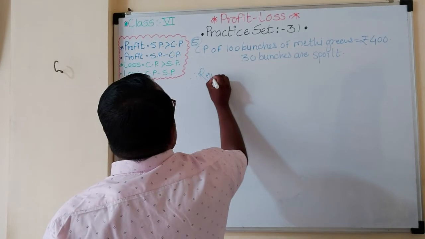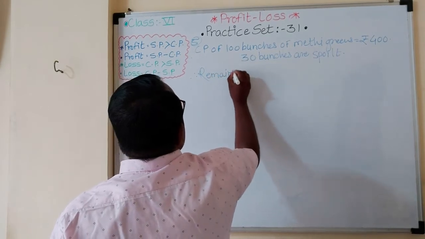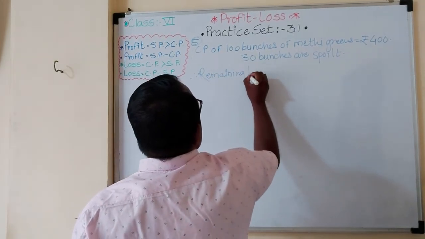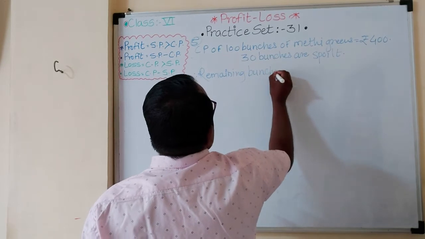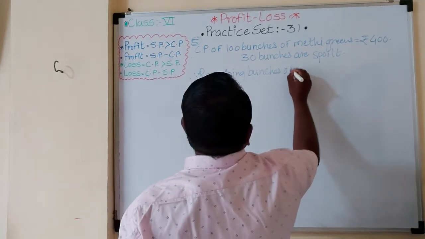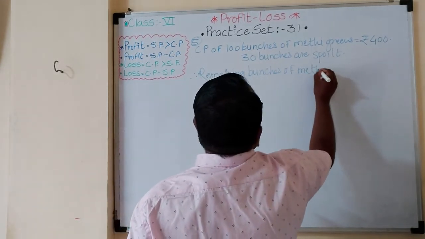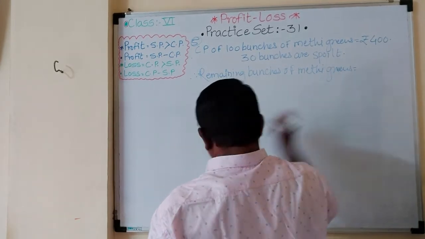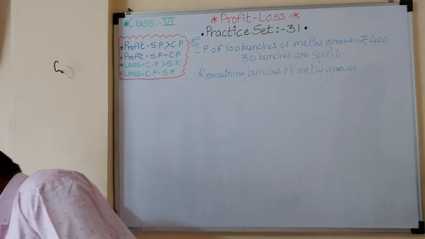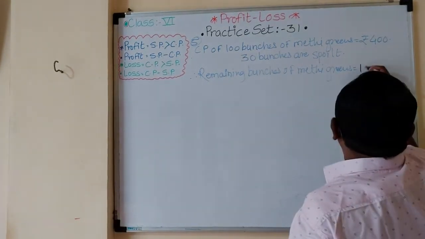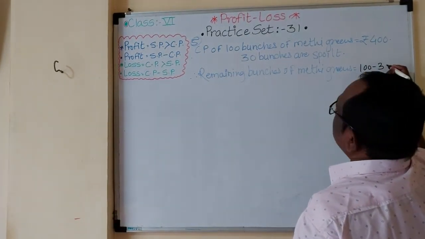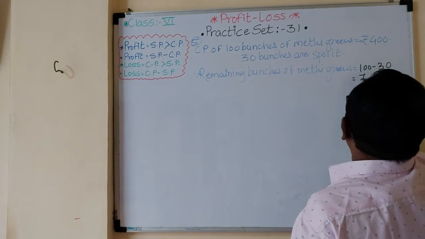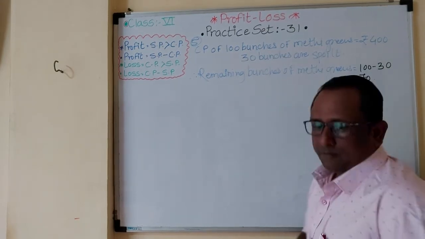Therefore, remaining bunches of methi greens is equal to 100 minus 30, equal to 70 bunches.